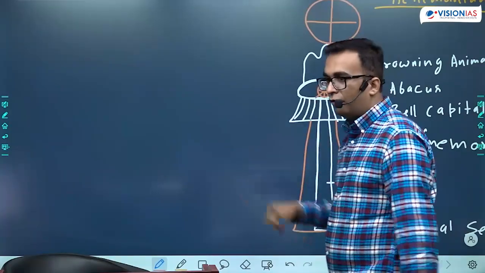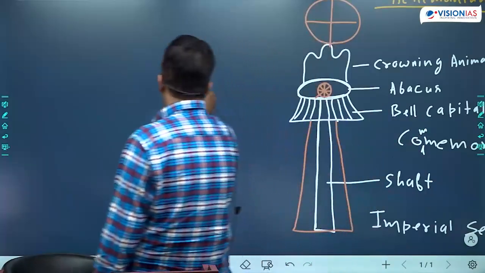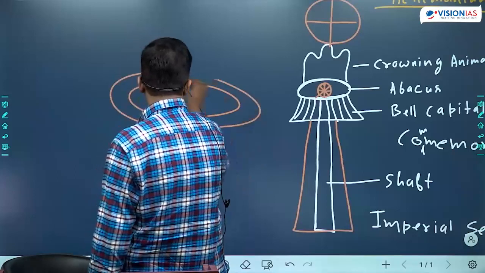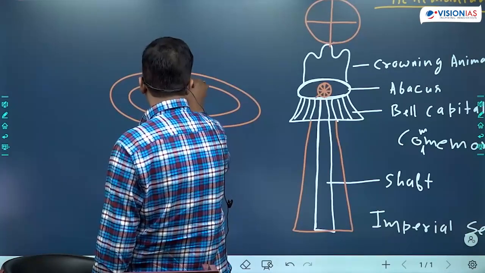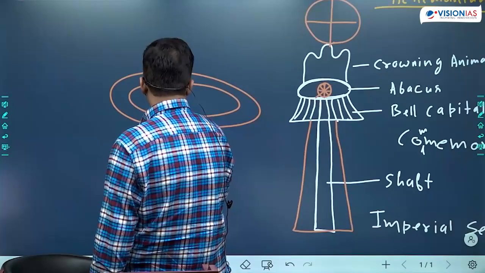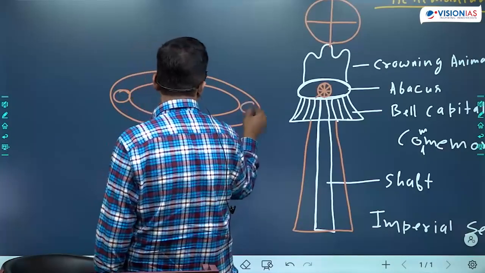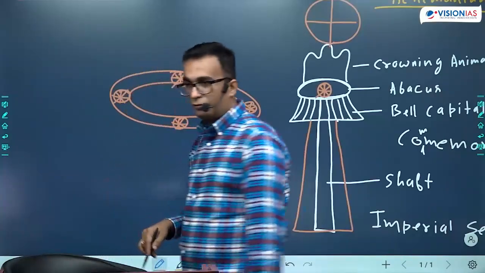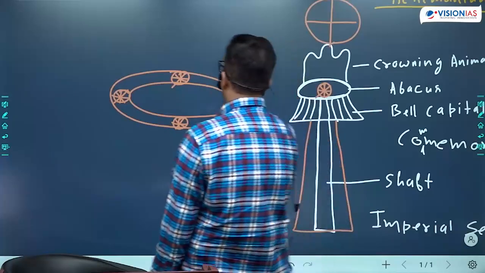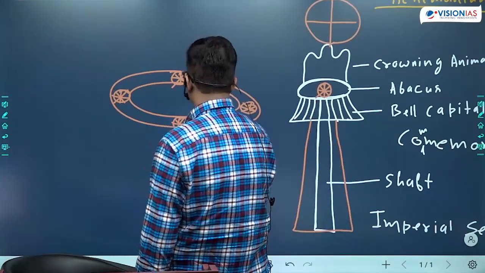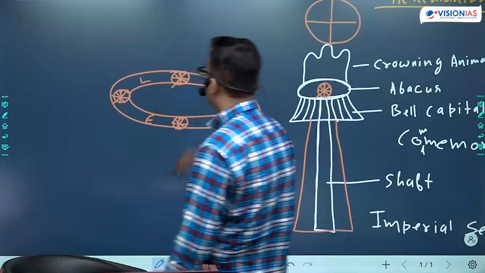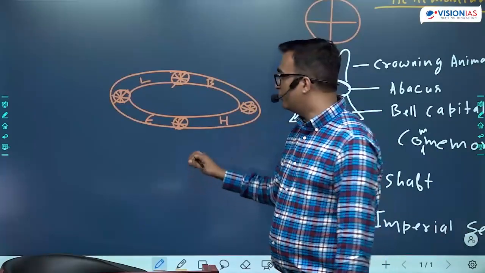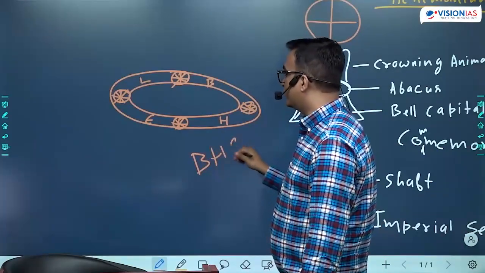And not only are there 4 back-to-back lines, but if you look at the abacus part of Sarnath, the abacus has 4 chakras. And in between all these Dharma Chakras or Ashok Chakras, there are animals. These animals are BHEL. What is BHEL? Bull, horse, elephant and lion. So in clockwise direction it is like this.